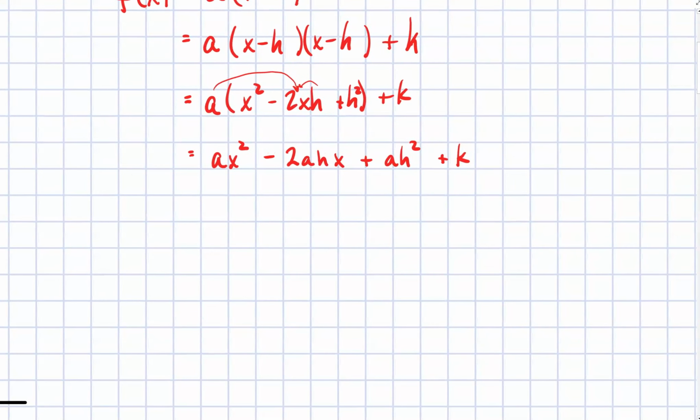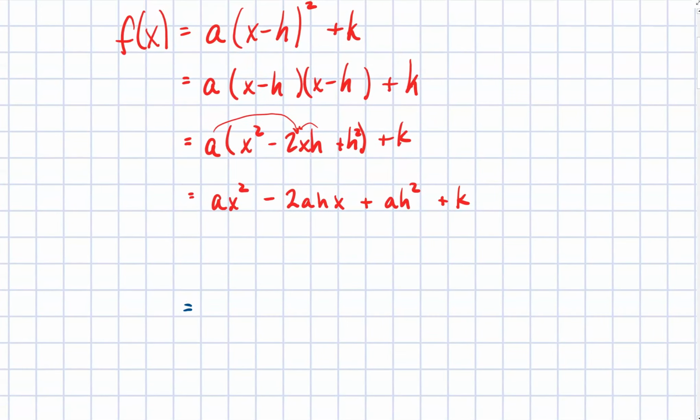So if I've distributed correctly, and we compare this, which is our modified form of the vertex form, to our standard form, ax squared plus bx plus c, what you might notice is that the a value from our vertex form is in the same position as the a value in our standard form.